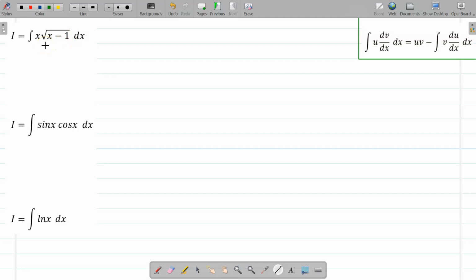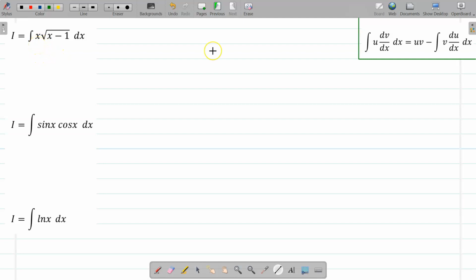And what I'm going to do is decide which of these parts is going to be called u and which of these parts is going to be dv by dx. Now, u is the one that you're going to later be differentiating. So usually we choose something that's likely to differentiate to a number, and in this case that will be x.